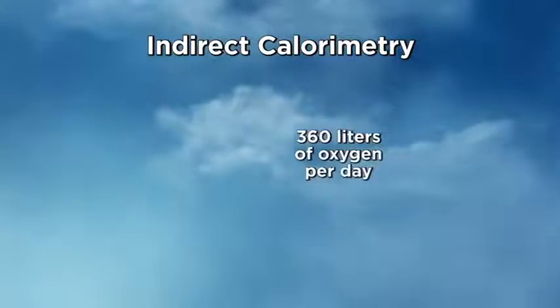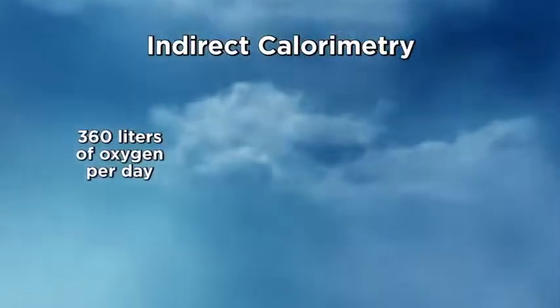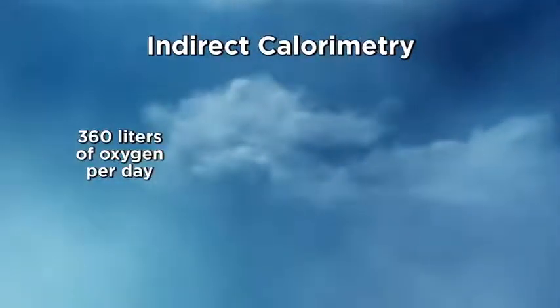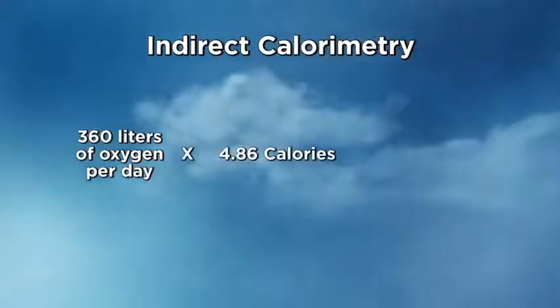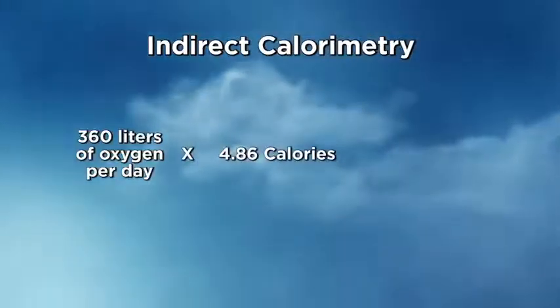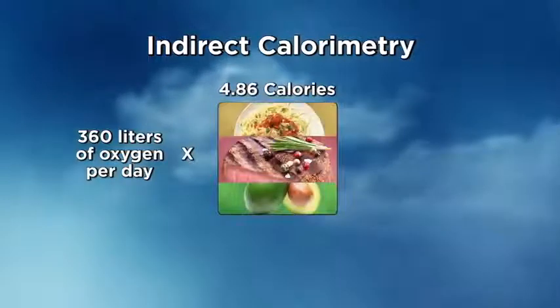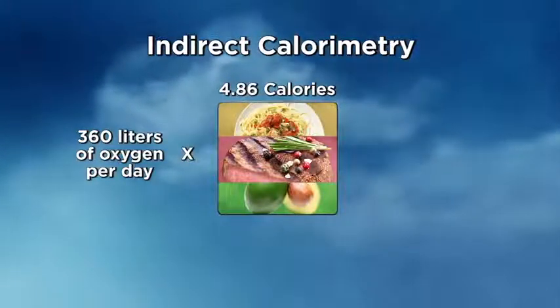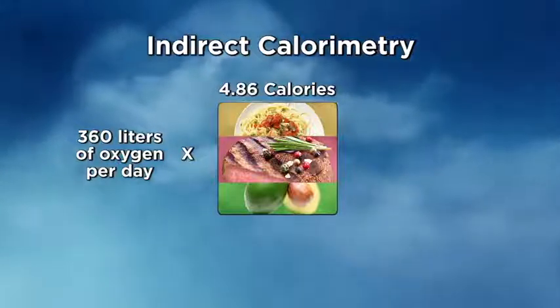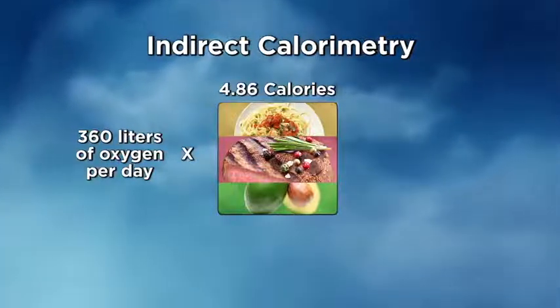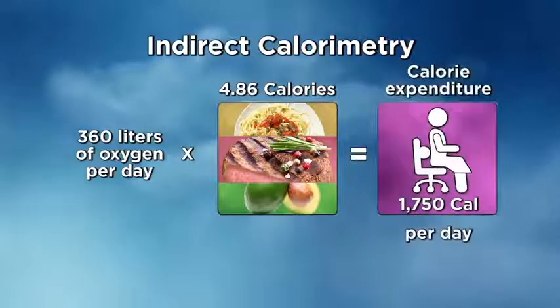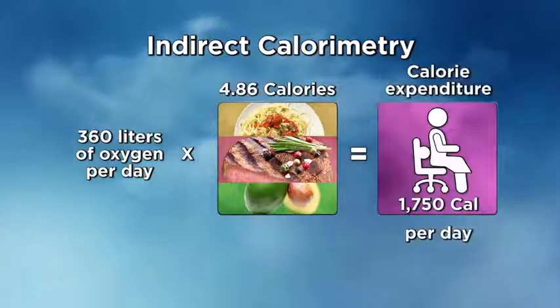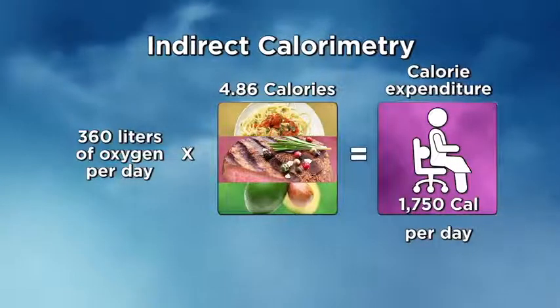Knowing this, we can multiply her daily oxygen intake, 360 liters, by 4.86 calories, the number of calories burned from a typical mixed diet of carbs, proteins, and fats. We come up with an indirect calorimetric energy expenditure of roughly 1,750 calories burned per day, just at rest.